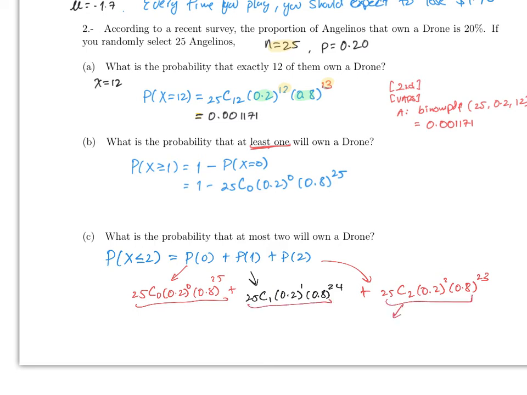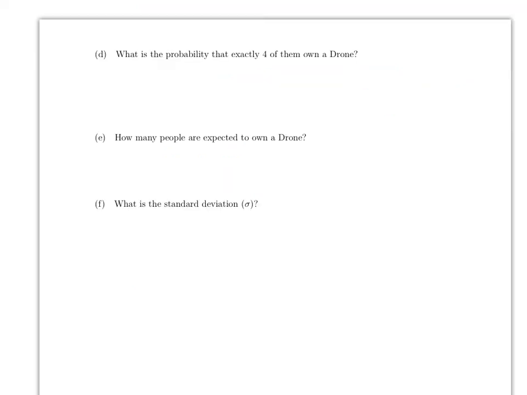For example, for this one, you get to binompdf by doing second, variables, and then this will be 25, .2, and the number of successes is 2, and that will give you the answer for that one. Okay, is that okay?